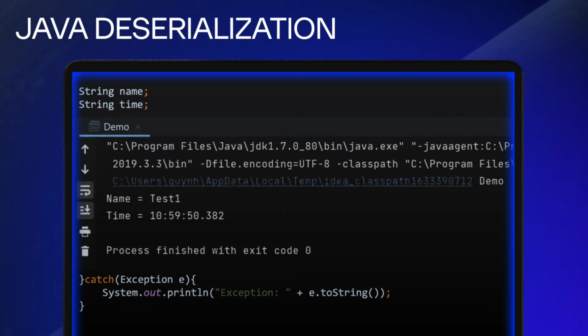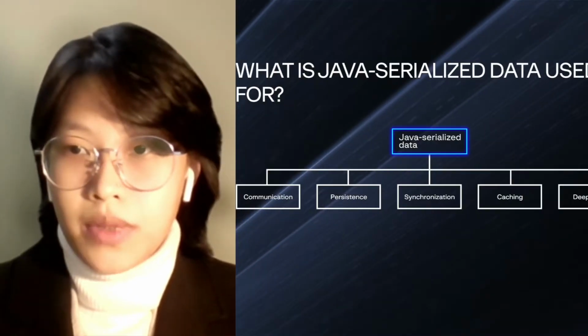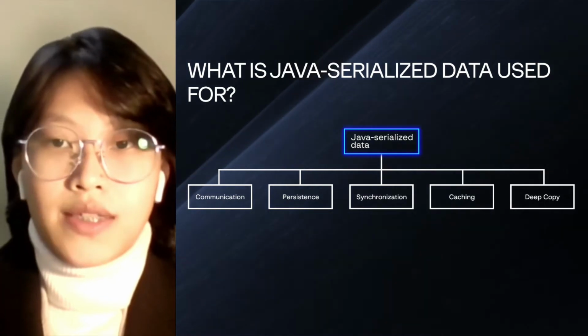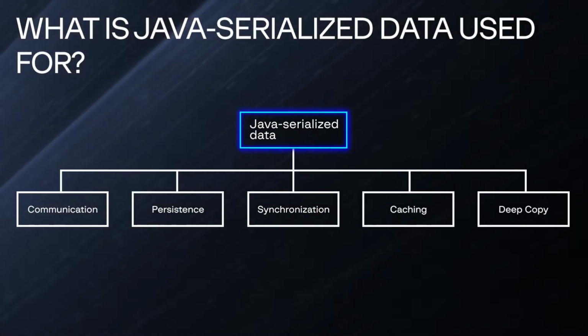So what is Java serialized data used for in real life? I will list 5 functions: communications, persistence, synchronization, caching, and finally deep copy. Communications allows services and applications to communicate with each other by sending data that can be processed.